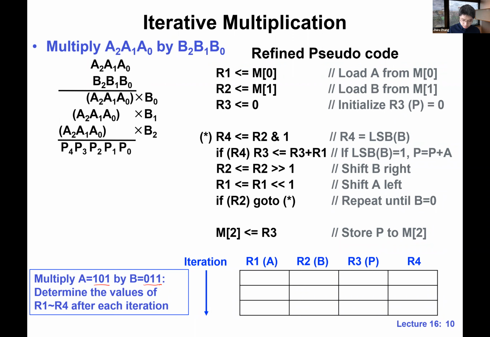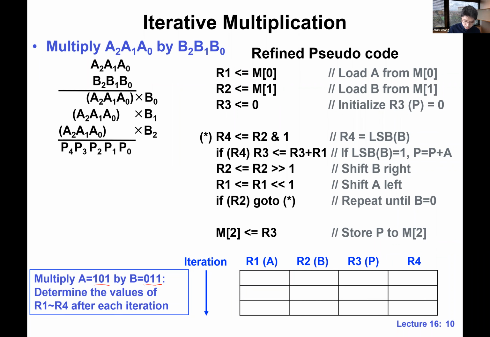This is how we evolve the iterations, from iteration 0, 1, 2. Let's work together on this and fill out the value per iteration.